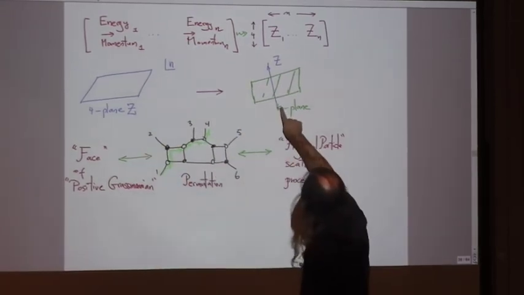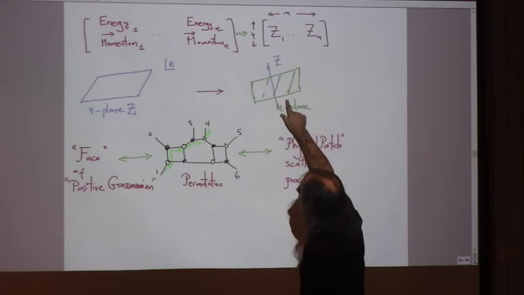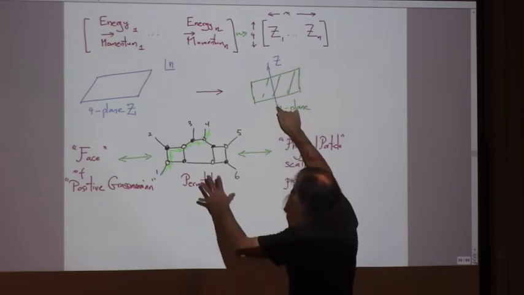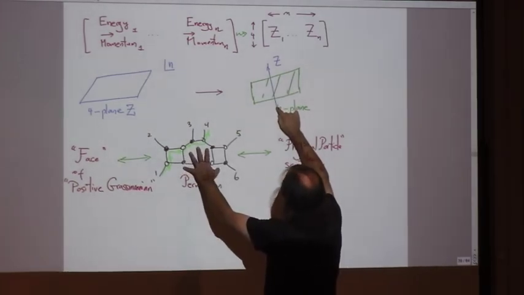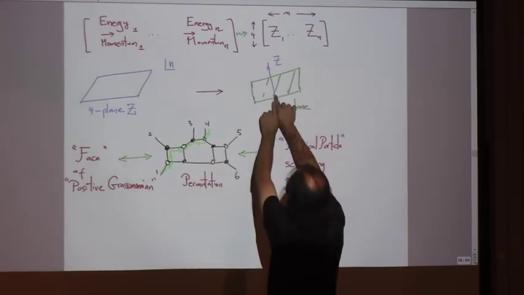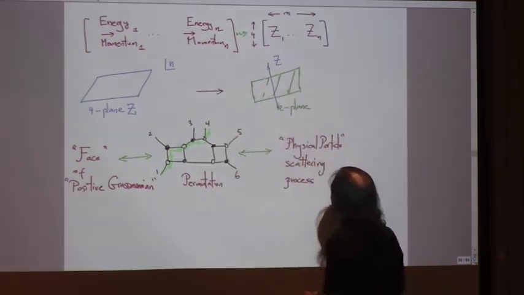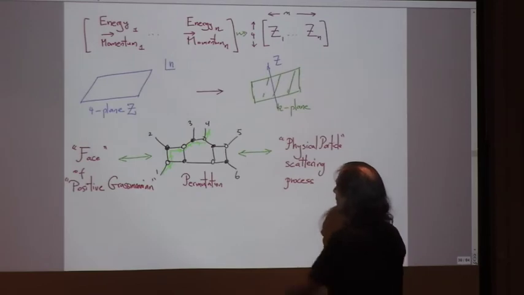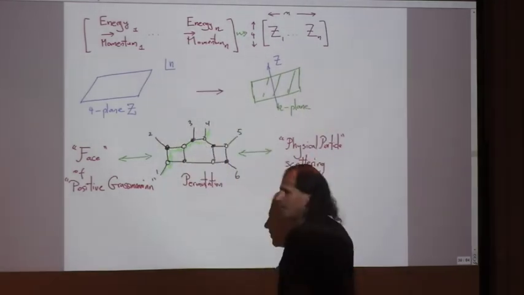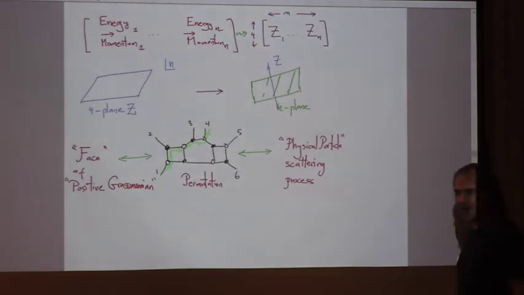It's naturally orthogonal to some k-plane in n dimensions, and that picks out a cell of dimensionality 4k. So you give me any cell of the correct dimensionality, and that cell, by the requirement of being orthogonal to the 4-plane associated with z, completely fixes where you are in the positive Grassmannian.